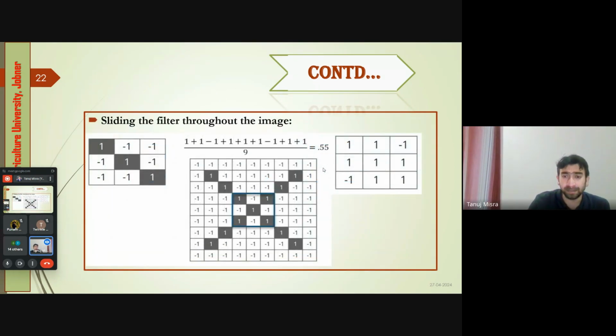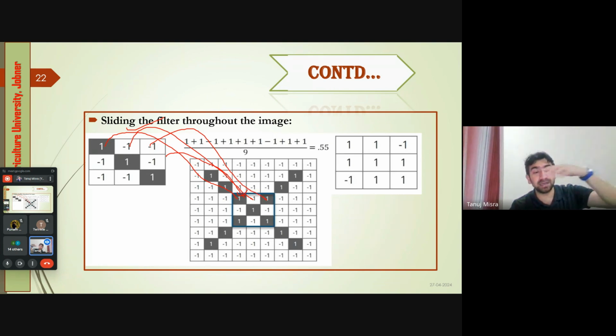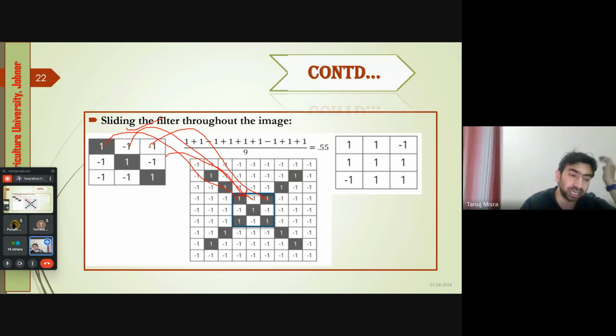After that, suppose we take one more example. There is a window and this window comes here, so what will it do? This one with this one, this -1 multiplied by -1, -1 multiplied by -1. In this type of way, I have already told this, there will be simple summation, multiplication, subtraction and division process.